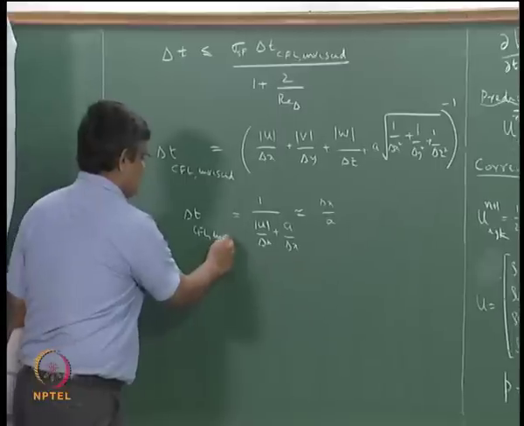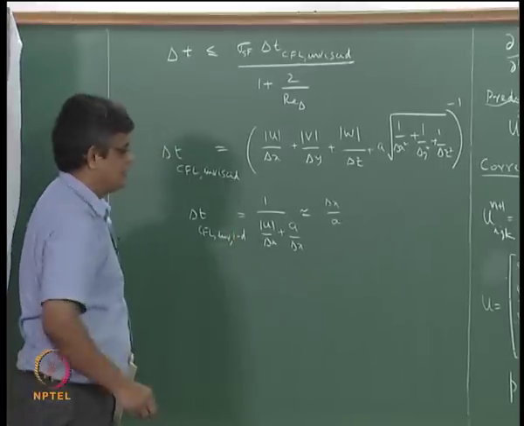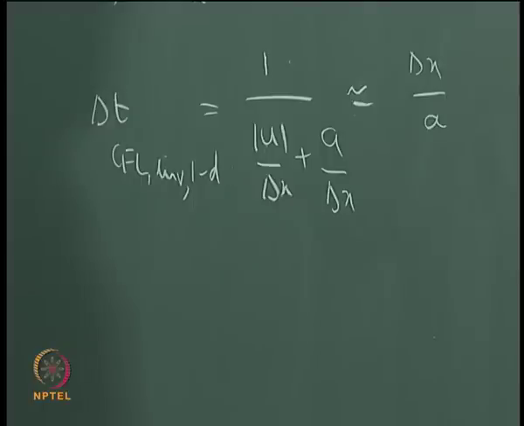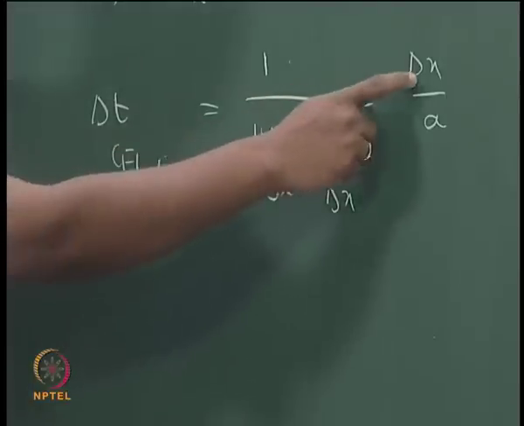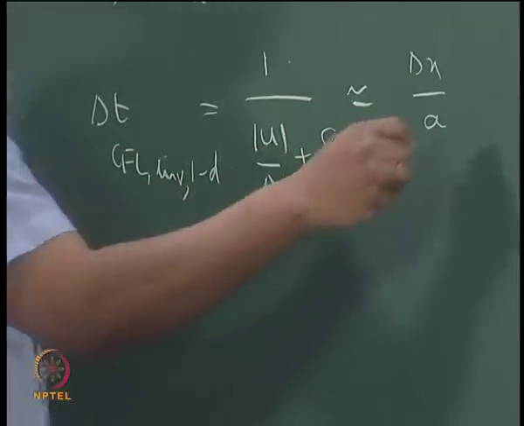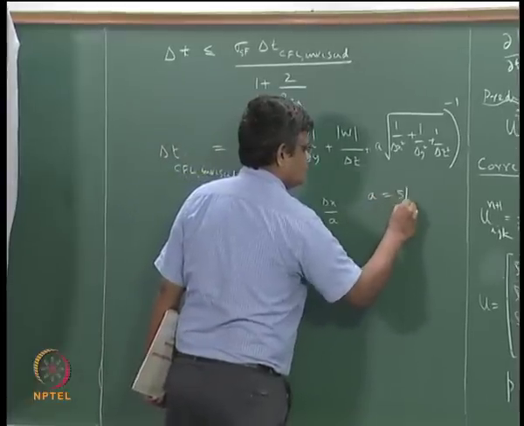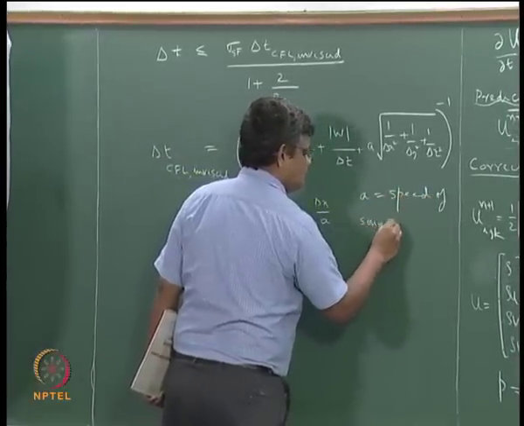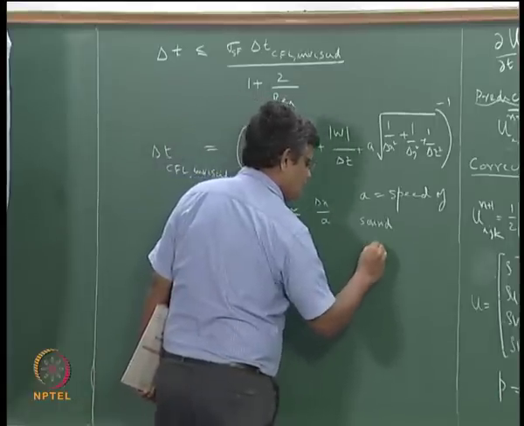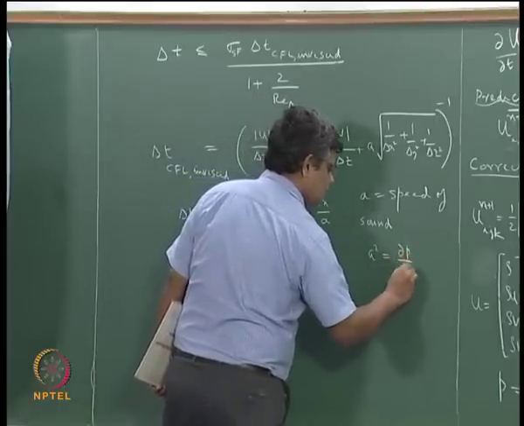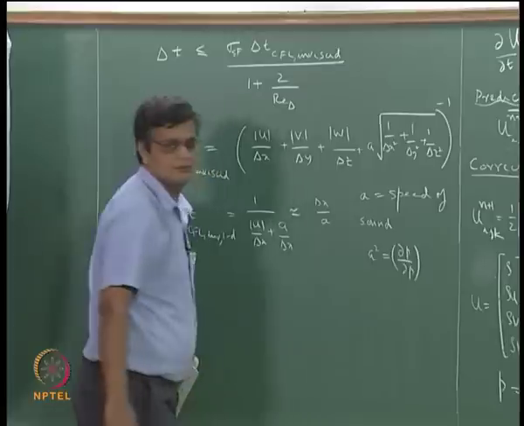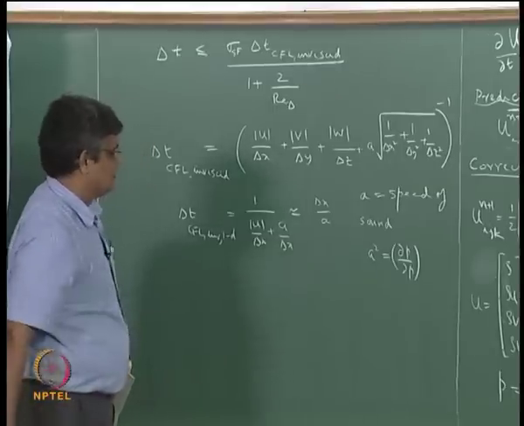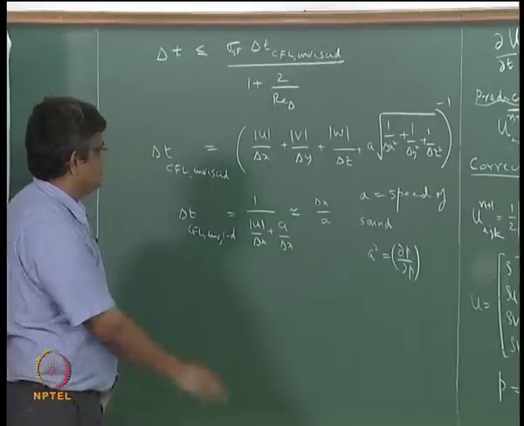Okay, so this is in the case of a 1-dimensional problem. This is just to illustrate the form of this delta T. The delta T is delta x divided by A, where A is the speed of sound, and is given such that A squared is equal to d rho by dp under isentropic conditions.